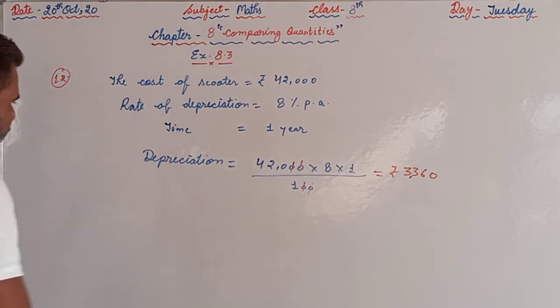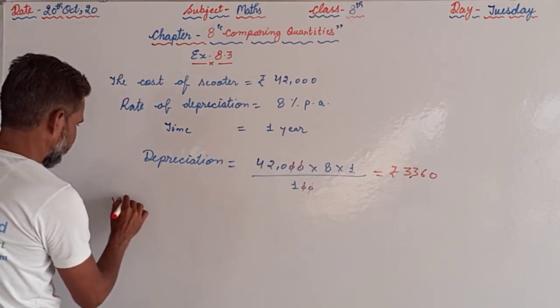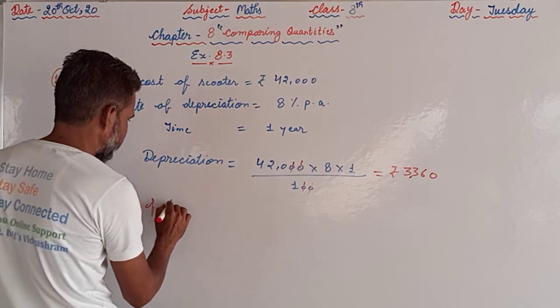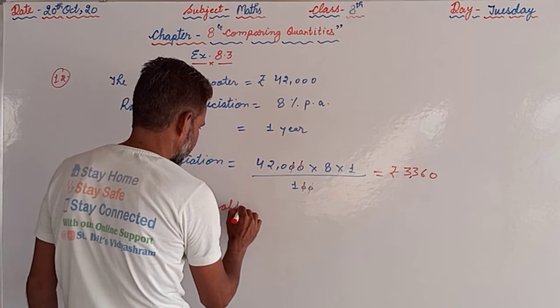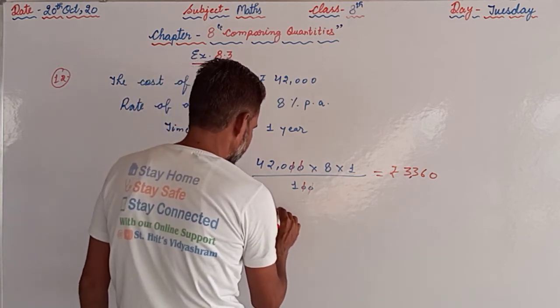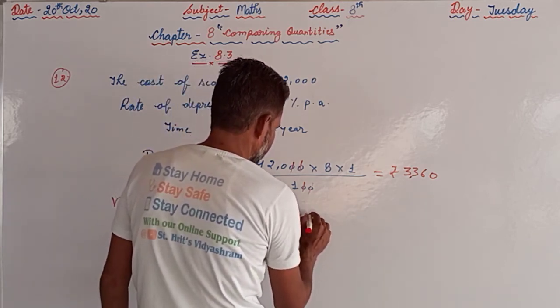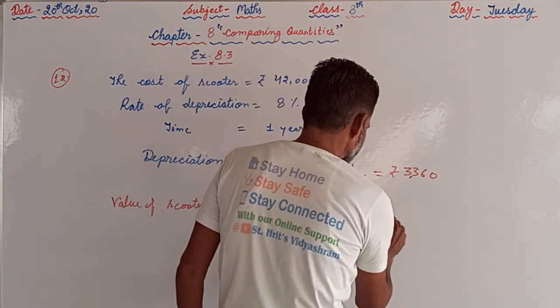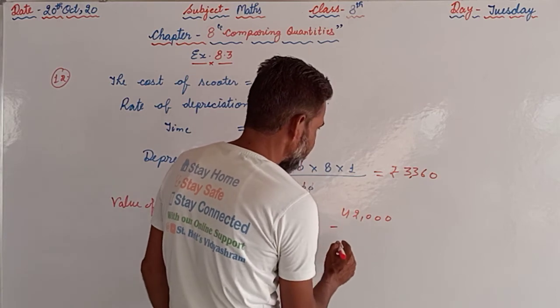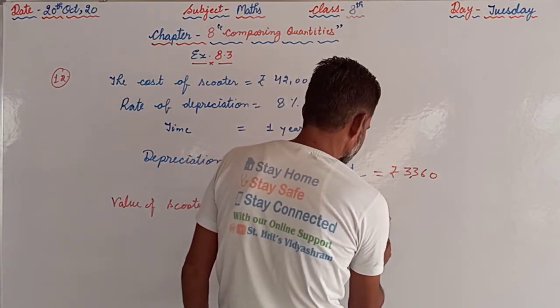But we are not supposed to find only the depreciation, we are supposed to find its value after 1 year. The value of the scooter after 1 year: initially its value was 42,000. The depreciation is 3,360.